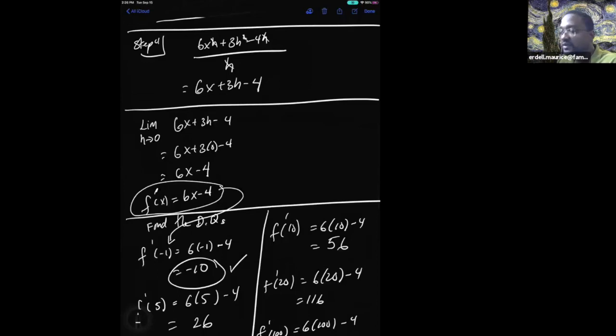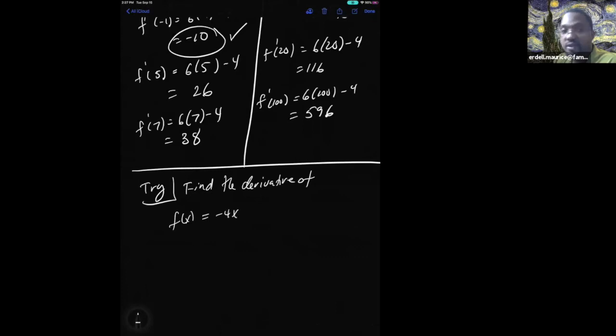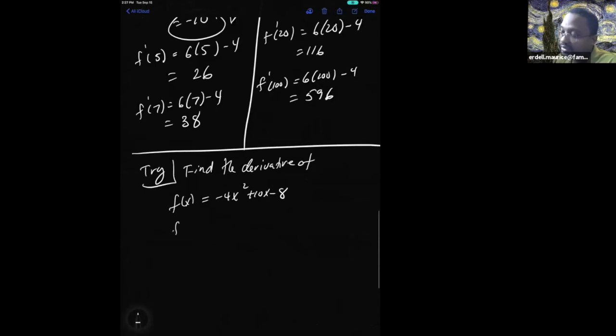On the test, if, for example, I give you this problem, find the derivative of f of x equals -4x squared plus 10x minus 8, I will actually tell you what the answer is, because you need the answer for the rest of the problem. So if you make a mistake in the first part, you can still do the rest of the problems. Make sense?